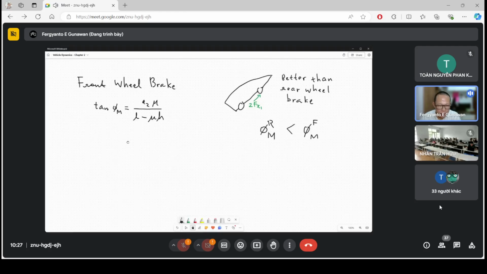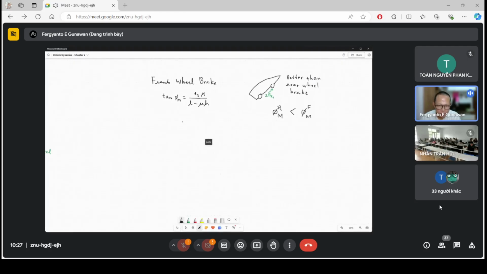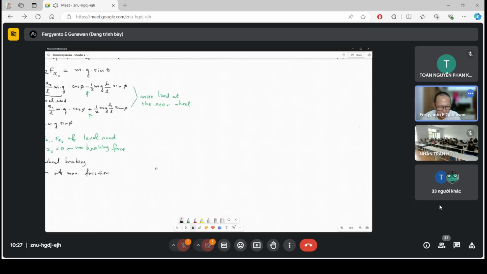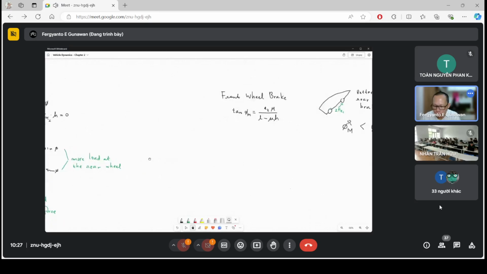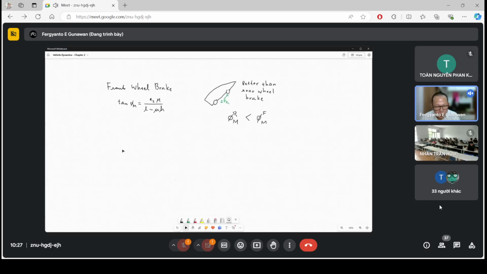I think it's a good idea to compare with the rear wheel. So I'm going to capture this, take this part and also this part, copy it, and put it here, just for us to see.